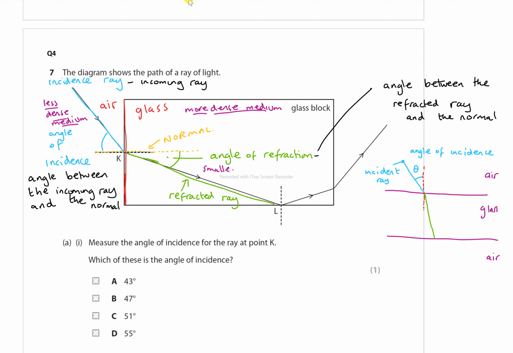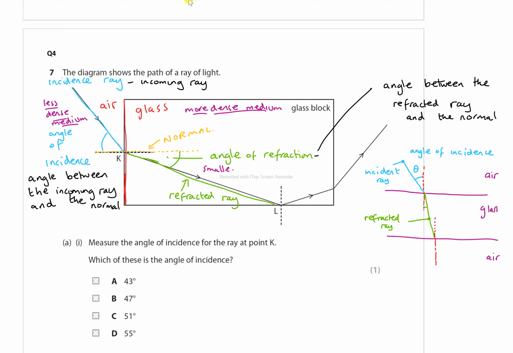Going to go back, draw a normal here, perpendicular. Label this to the normal. So this green ray is called the refracted ray.